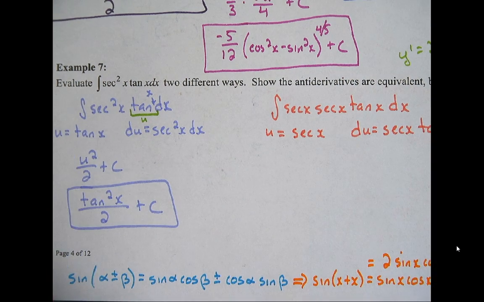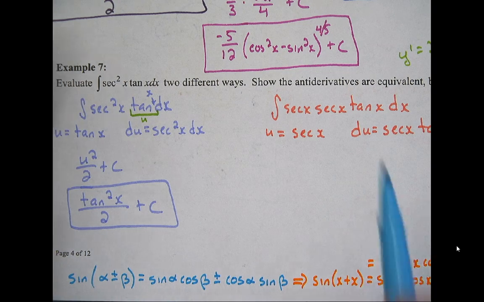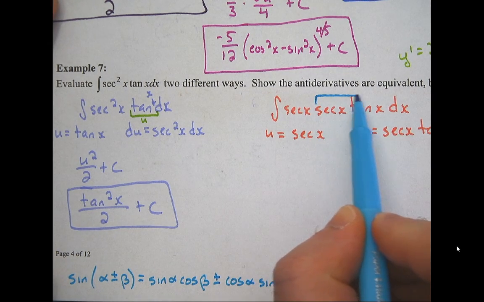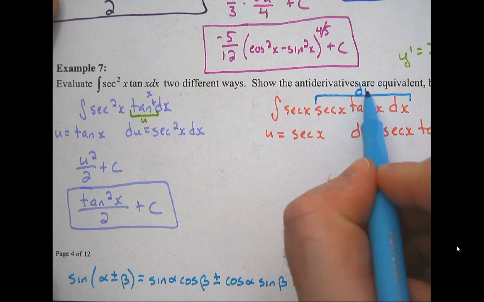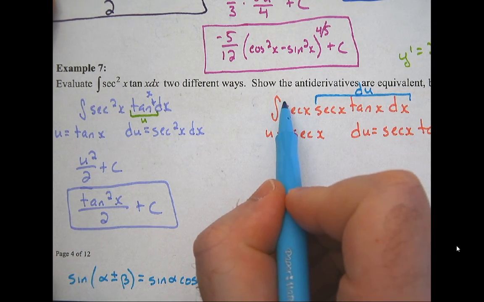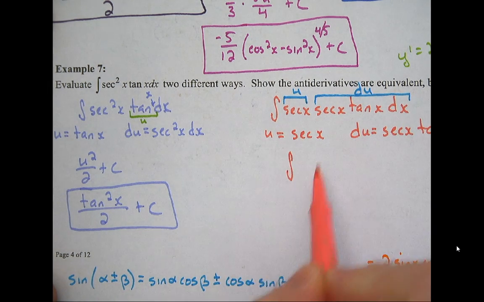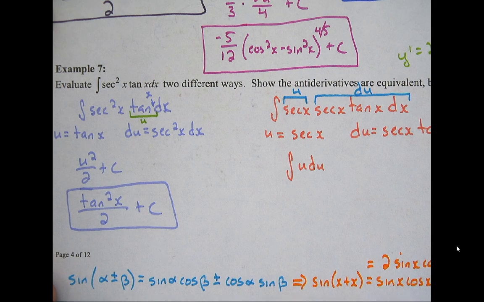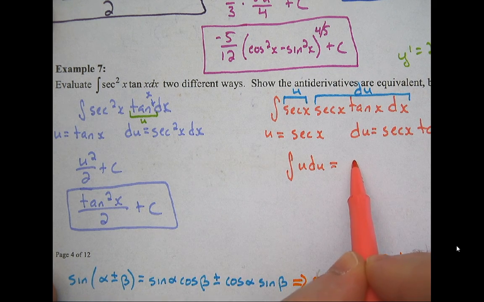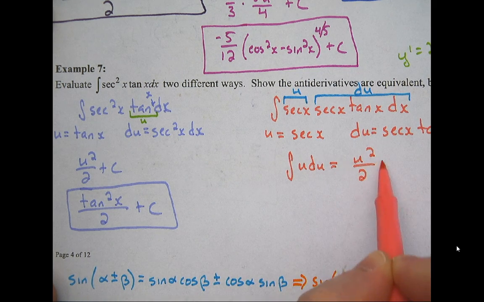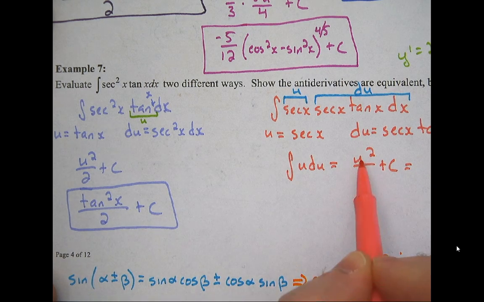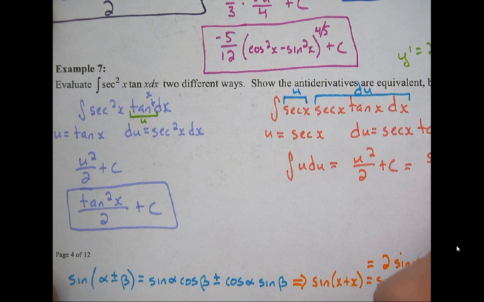So now all that is going to become du, and this is going to become u. So I'm now integrating u du. The integral of u du is u squared over 2 plus c. I could put this back in here and I get secant squared x over 2 plus c.